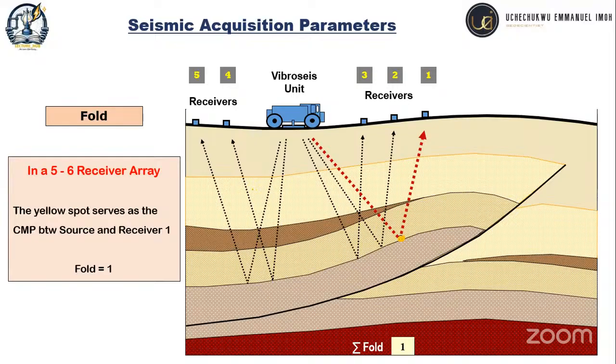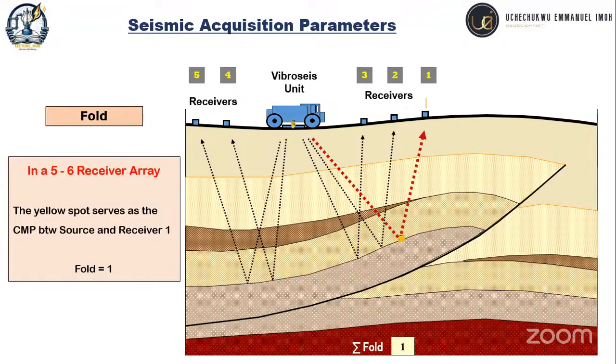Now, looking at the receiver and source array on the surface, and the source is a vibrocyte source in this situation. Standing in the middle, that's a split spread array. This yellow spot serves as a common midpoint or common depth point between receiver 1 and the source.